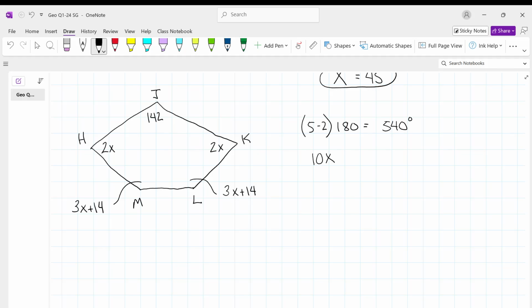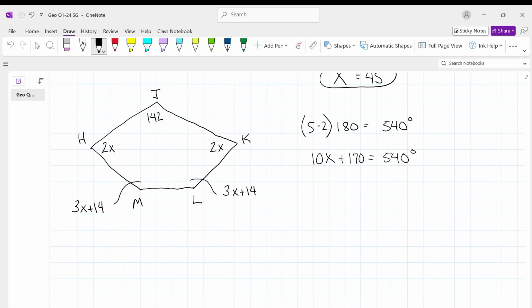So we got a 10x, and then I'm going to add together the 142 and the 14 and the 14. So 142 plus 28 is 170. So 10x plus 170 has to equal this 540 degrees.